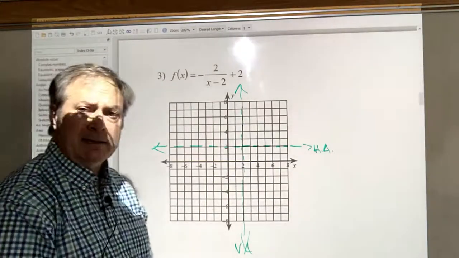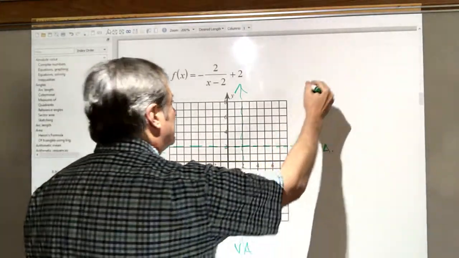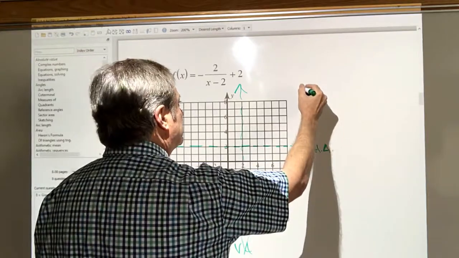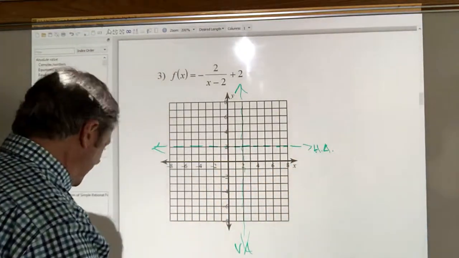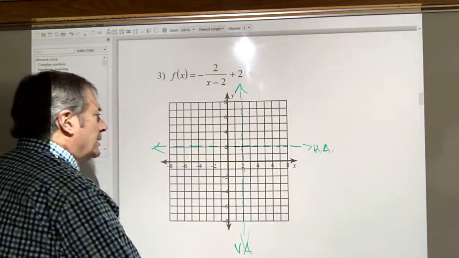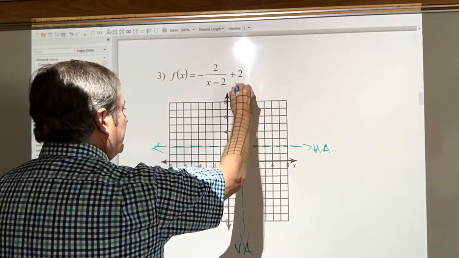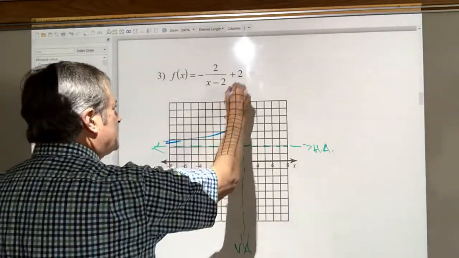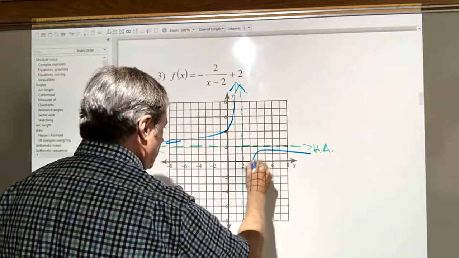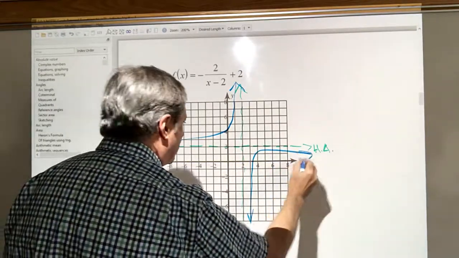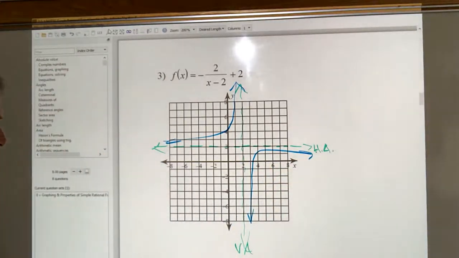And we can go ahead and decide the domain and the range. Well, let's go ahead and we'll graph it first. Because it's negative, you're going to have a branch up in quadrant 2 and a branch up in quadrant 4. And let's check the answers.